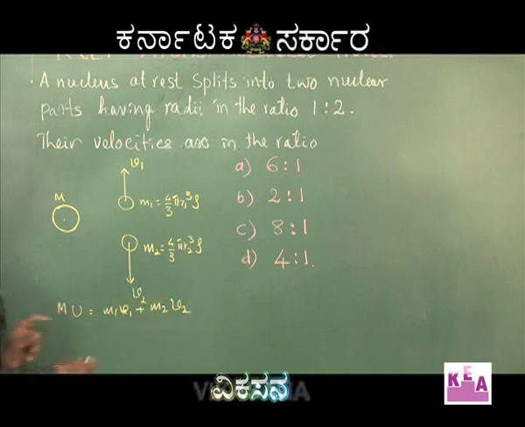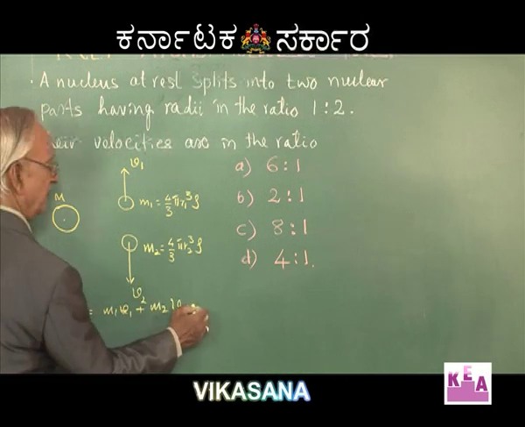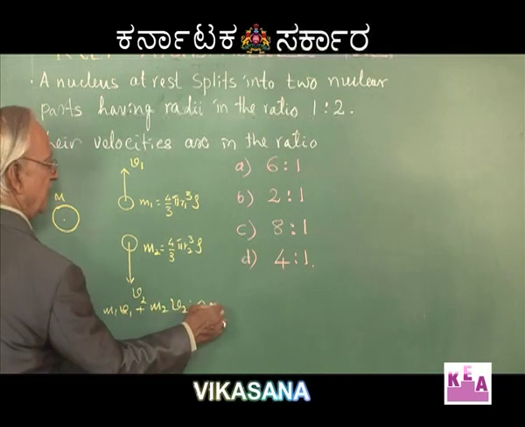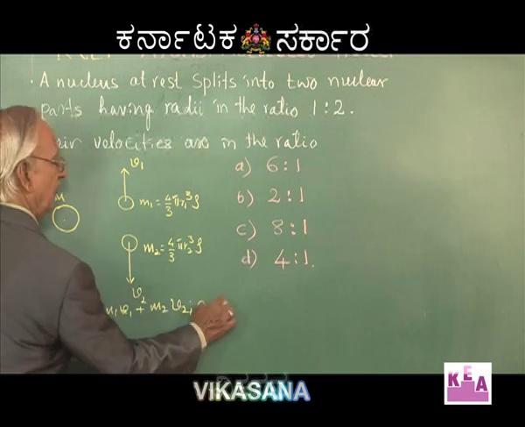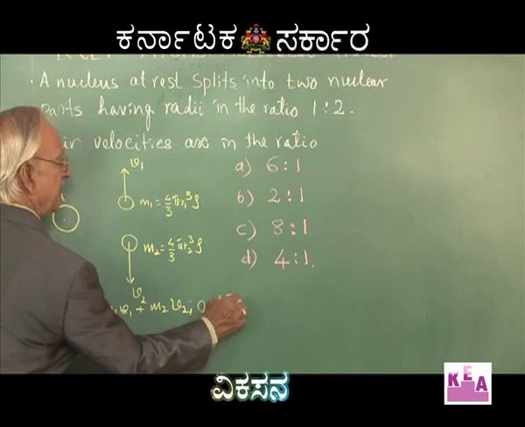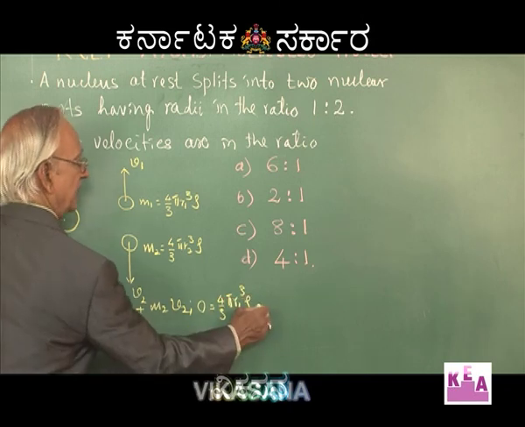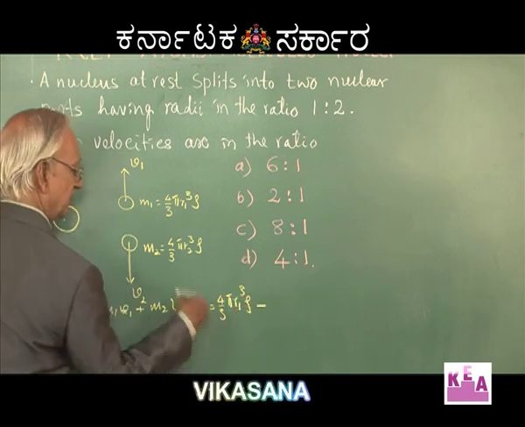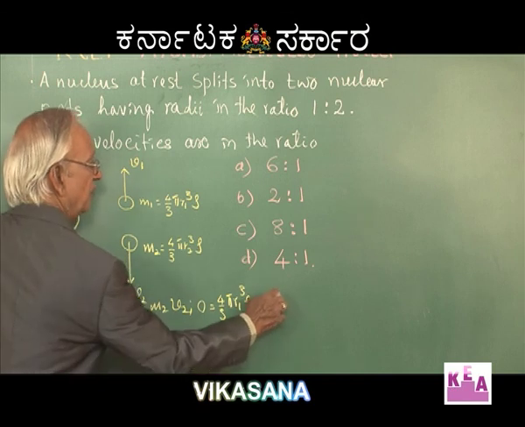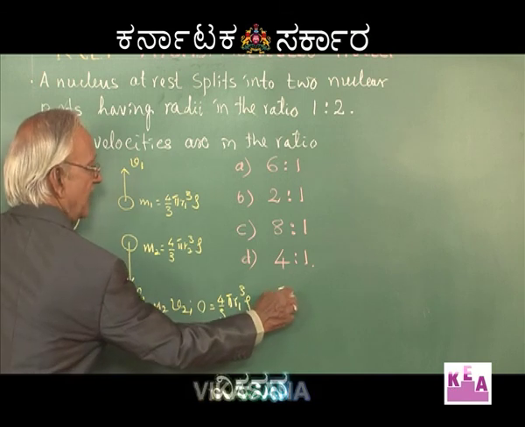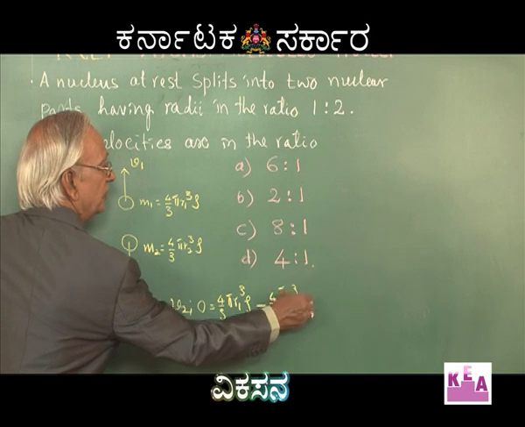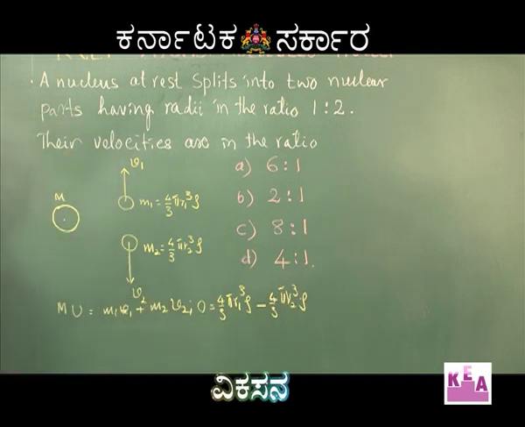So, now after this, see, I can write here as 0 equal to 4 by 3 pi r1 cube into rho, and I should write this minus because they are moving in opposite direction, 4 by 3 pi r2 cube into rho, that is equal to 0.